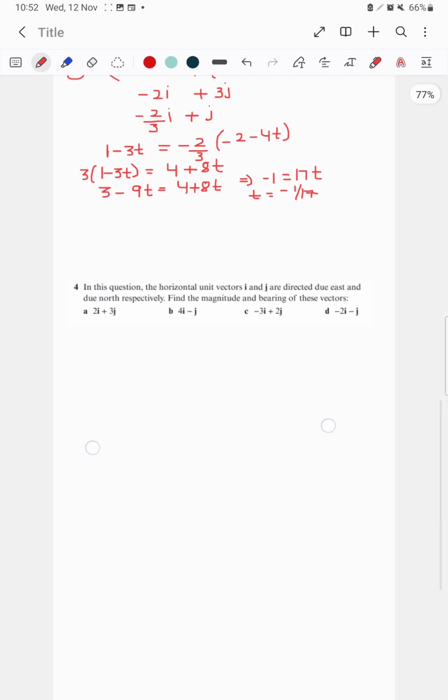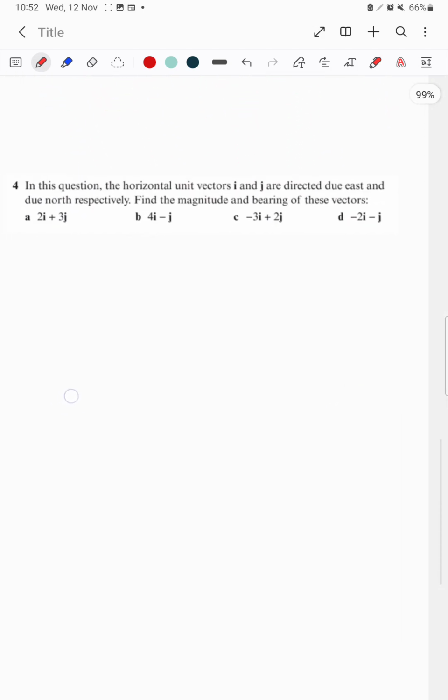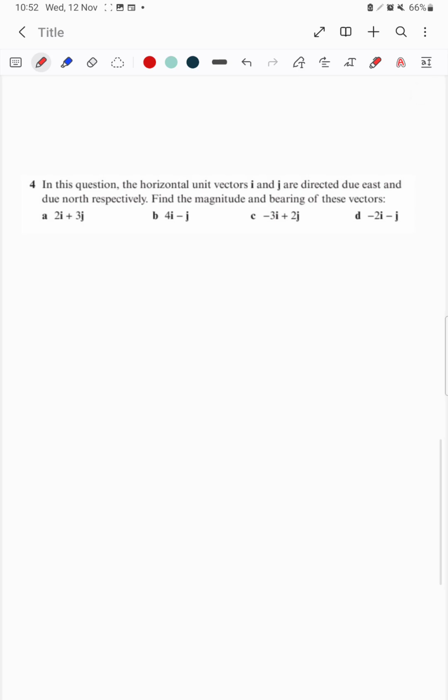Next, the horizontal unit vectors i and j are directed due east and due north. Find the magnitude and bearing of these vectors. So we have 2i plus 3j. If you represent this vector in general, let's say this is the origin, 2i plus 3j is somewhere here, because you will go 2 steps here and then 3 steps here, so you will reach here.